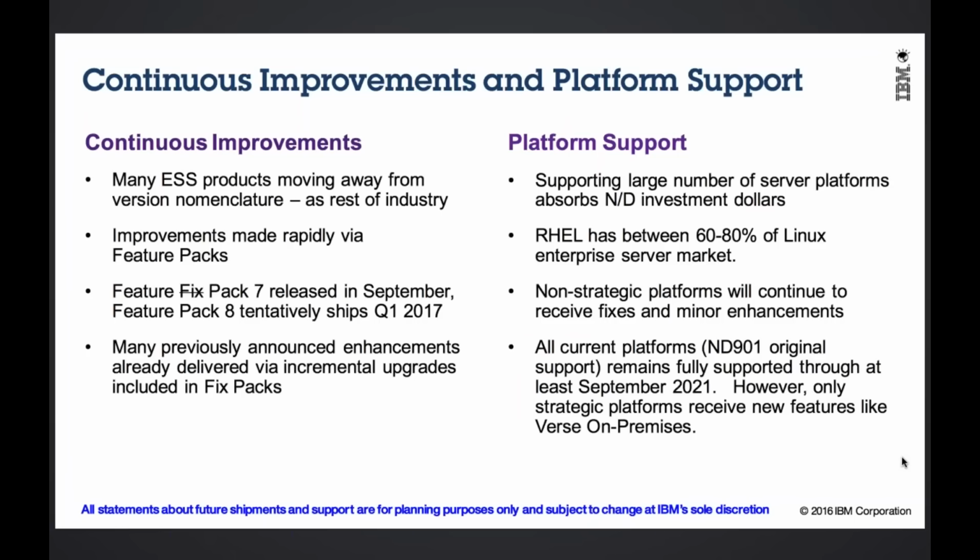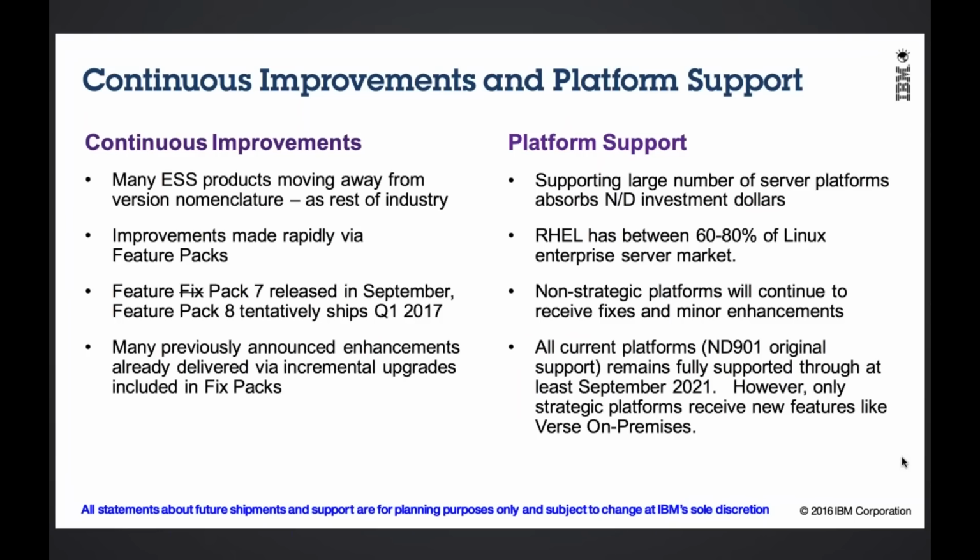I'm going to talk briefly about platform support. We've made a decision, and this is at the software group level, to reduce the number of platforms that we are going to be supporting moving forward.